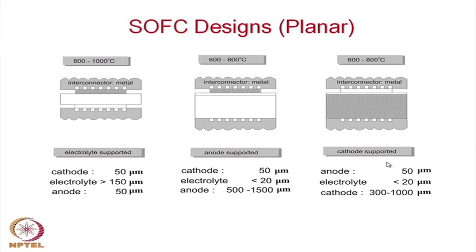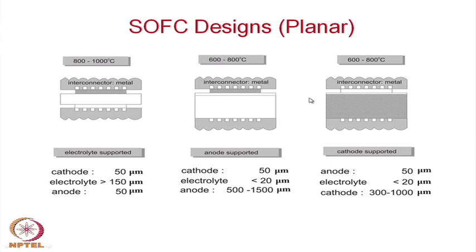The basic difference is the dimensions of the three layers. Here the electrolyte is much thicker, the white portion is the electrolyte. Here this is anode supported, so this white is actually anode, and this thin layer is actually the electrolyte, and the other one is the cathode.